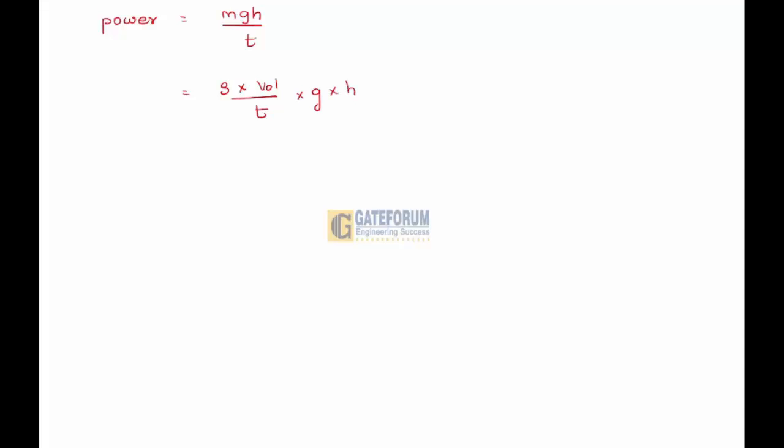From there I have written this, that is rho Q g H, gamma Q H, because rho g is gamma. When we substitute 9810 into 3 by 16 into 10, you will be getting around 73575 by 4 watt.